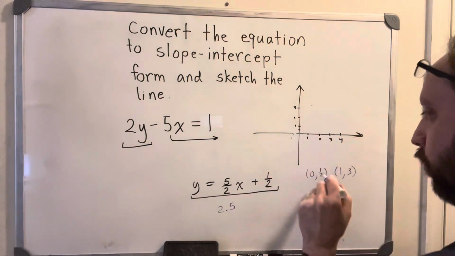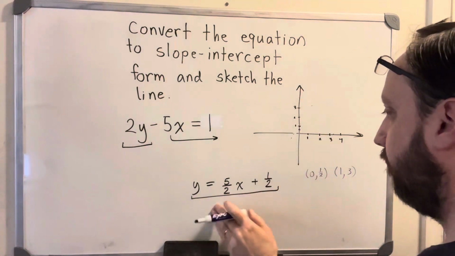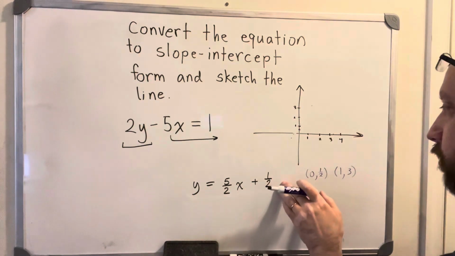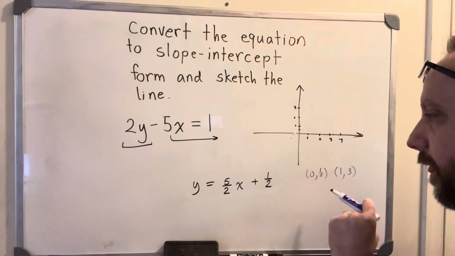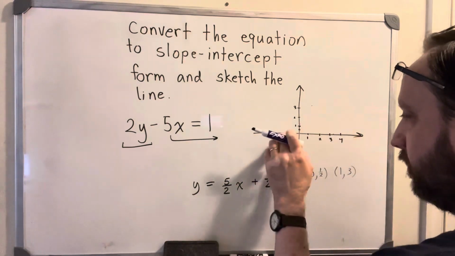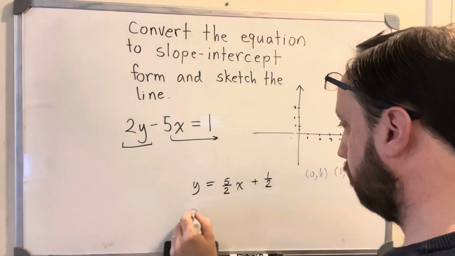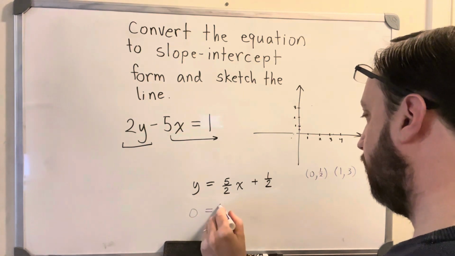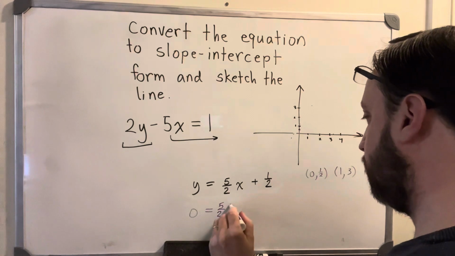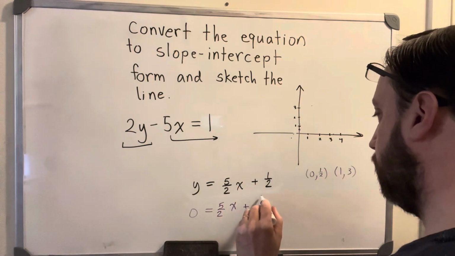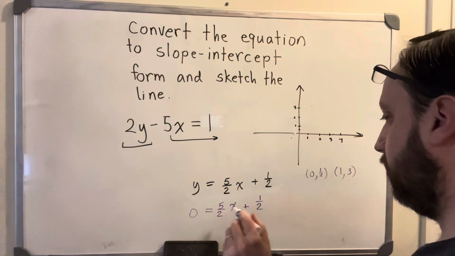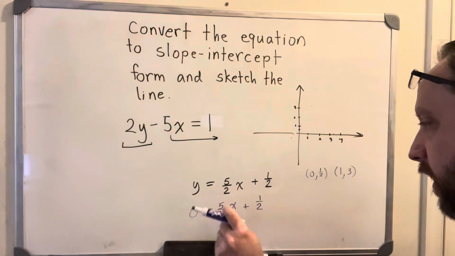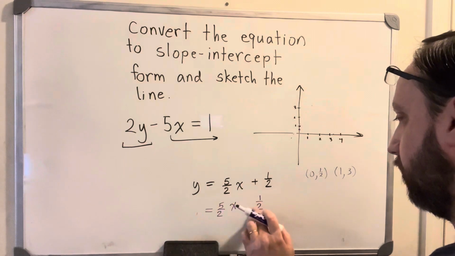incidentally, another way of doing it would have been to say, where does it cross the x-axis? Well, at the x-axis, y is 0. So that means that 5/2 of something plus 1/2 is equal to 0. We can bring over the negative 1/2 to both sides to cancel this out.